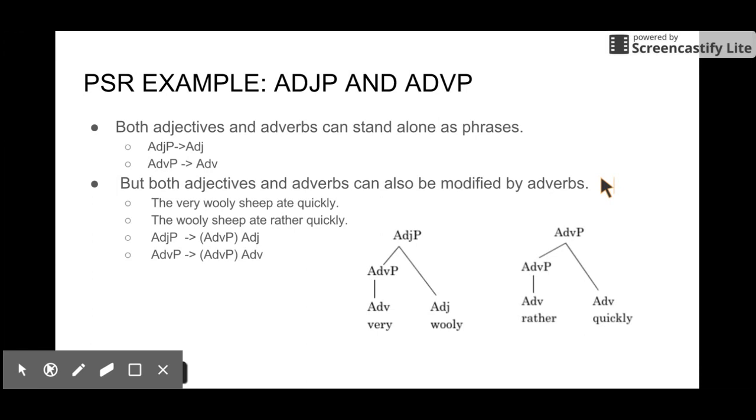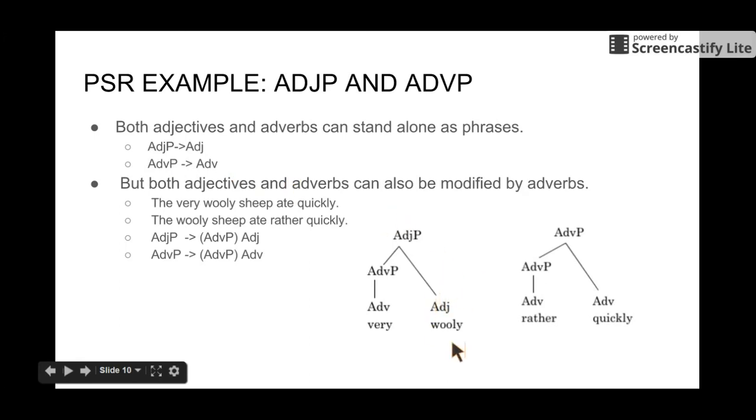Now let's take a look at adjectives and adverbs. Both adjectives and adverbs can stand alone as phrases, so we will have these two phrase structure rules. So ADJP, adjective phrase, can just consist of a single adjective. Same for the adverb phrase. A single adverb can become an adverb phrase.